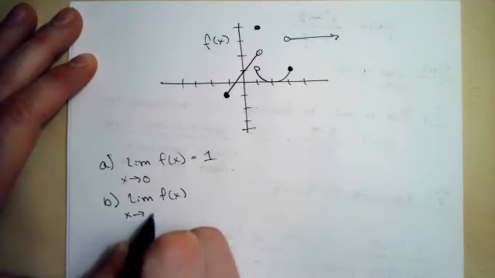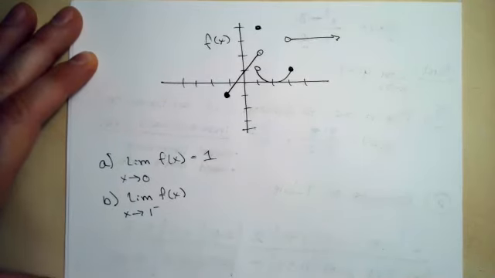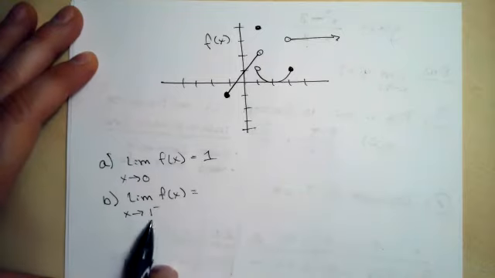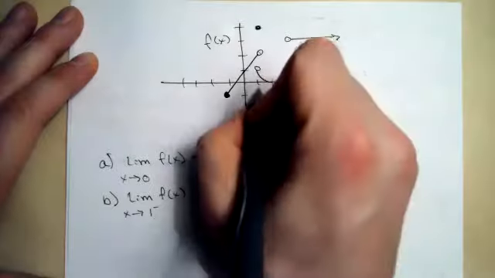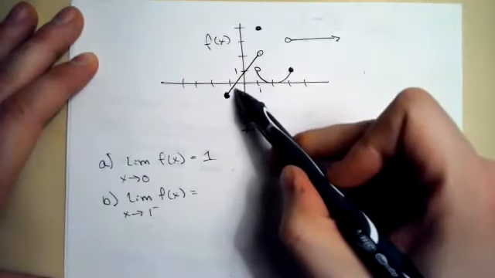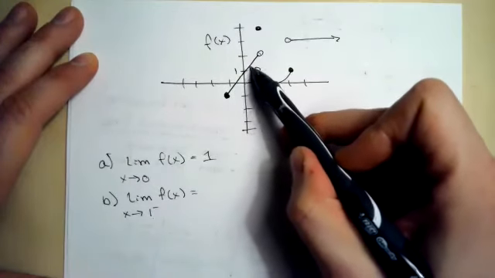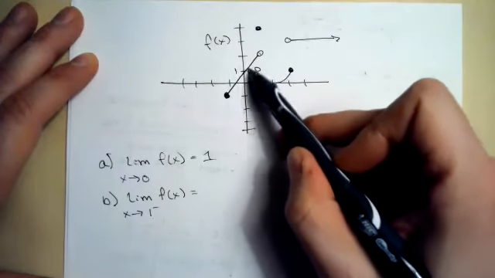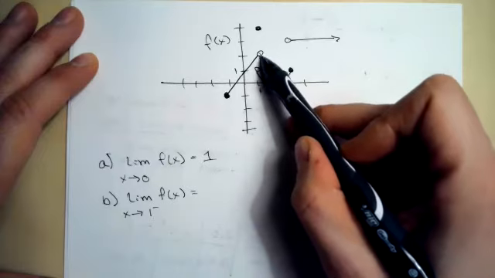But if we pick a different point, say 1, as x approaches 1, we'll start off with the left-sided limit. The limit from below means, so here's x equals 1, we want to trace the curve and watch as the x values get closer and closer to 1. What are the y values doing?